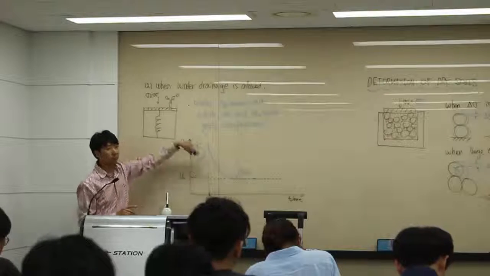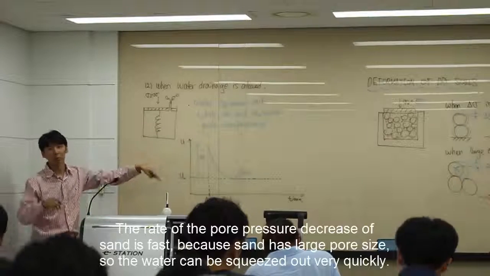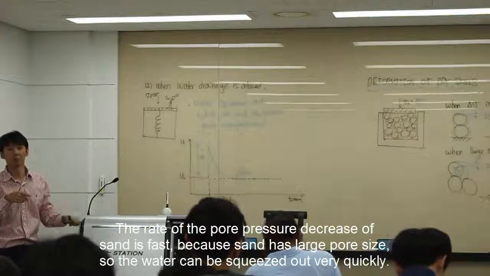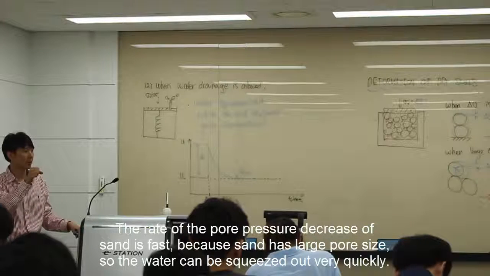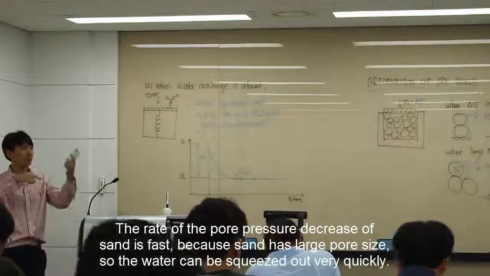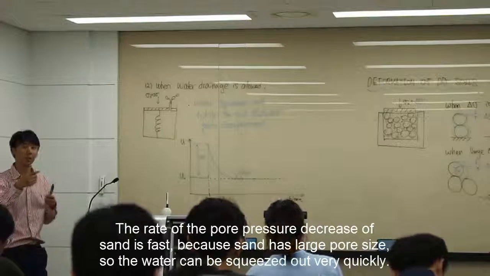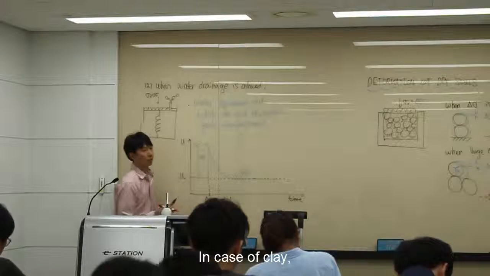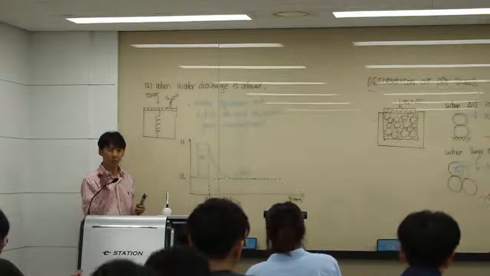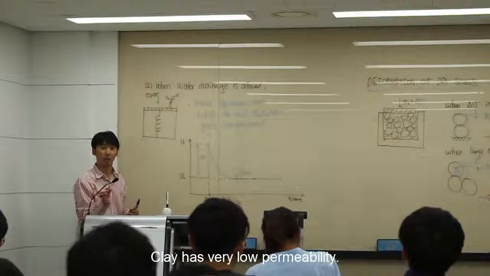The rate of the pore pressure decrease is really fast because the sand has a lot of pore space, so the water can be squeezed out very quickly. If you think about the clay, it has very low permeability.